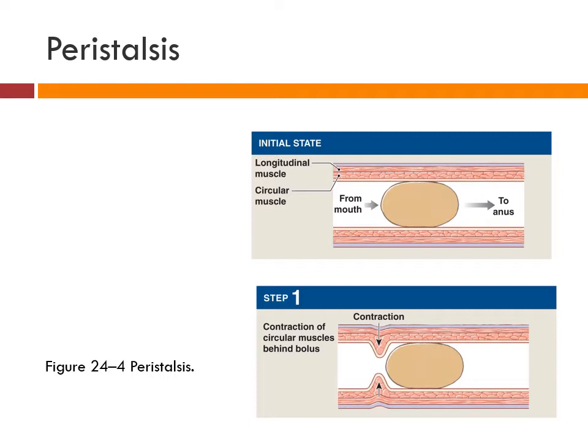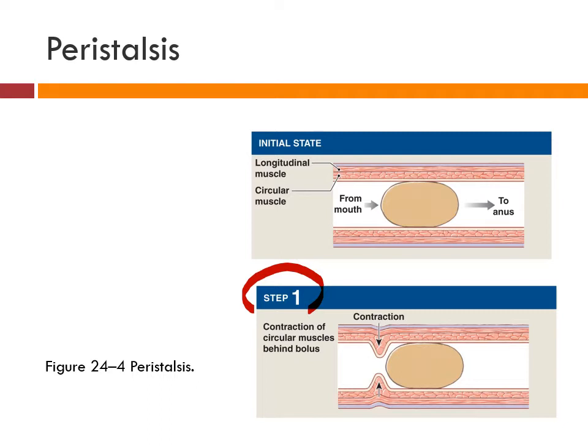This is just showing you that the bolus is going from the mouth toward the anus, and that's obviously the way that we want food to move through our system. So first, in step one, we have circular muscles. Remember we talked about the muscular layer that has circular muscles that encircle the lumen, and then longitudinal muscles that are going lengthwise.